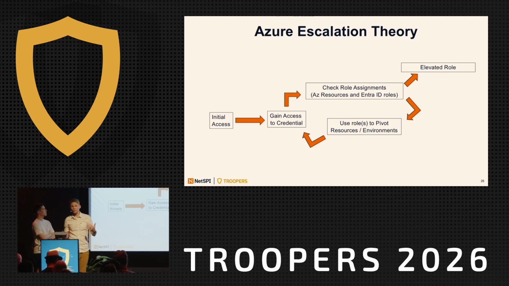If it accomplishes the goal that we're going for, getting access to the key vault, the storage account, whatever, global admin, then cool, we're up to an elevated role. If that's not working out, let's use the existing role assignments to pivot to other resources in the current environment, maybe move over to different subscriptions that this specific identity has access to, and keep looking for other credentials, other identities that we can take advantage of to keep going through this process.